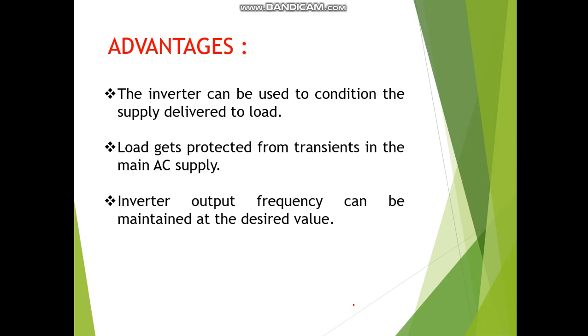The main advantages of this no break system are that the inverter can be used to condition the supply delivered to the load. The loads get protected from transients in the main AC supply. The inverter output frequency can be maintained at the desired value.